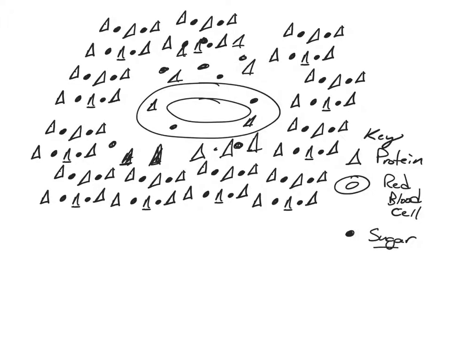Okay, so you got this key, and then it tells you that there's proteins, sugar, and red blood cell in the blood. And that's what it looks like, right? There's a little bit of sugar and a little bit of protein inside the red blood cell. All the outside has sugar and protein, right? What is most likely going to occur?